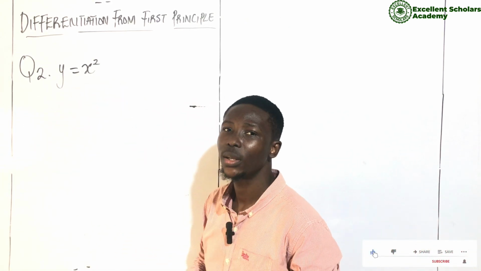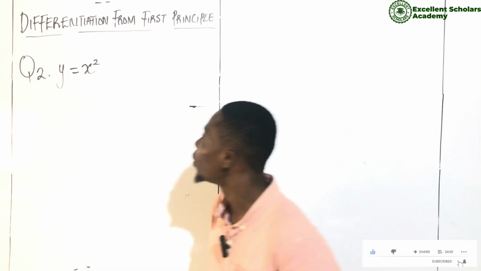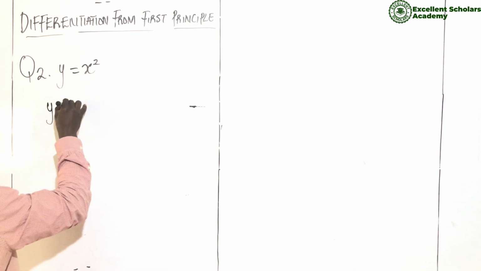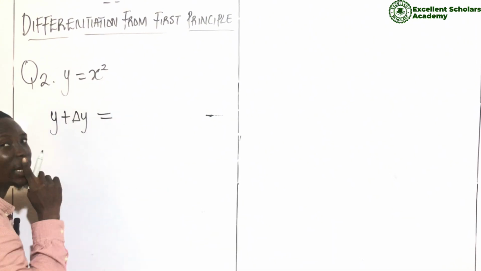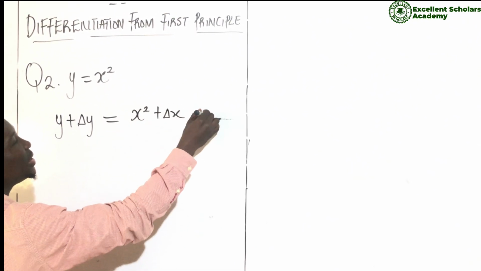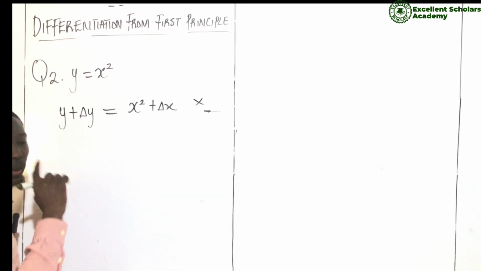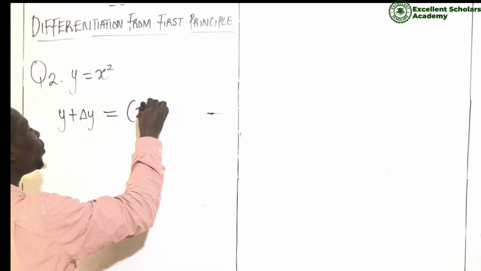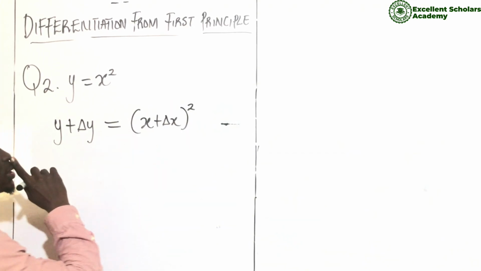Y equals x squared. We want to find the derivative of this from first principle. Now, like the previous example we did, we're going to add a small increment in y to this equals, now this is x squared. So you don't come and add a small increment in x like this. This will be wrong. Very wrong. Okay, so what you're going to do here is, it becomes x plus small increment in x all squared.